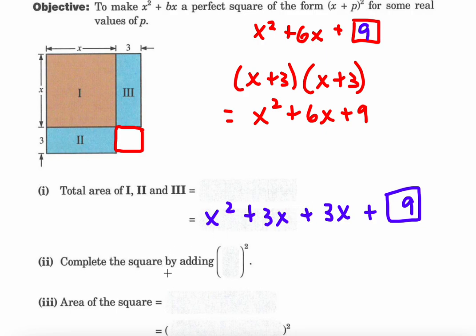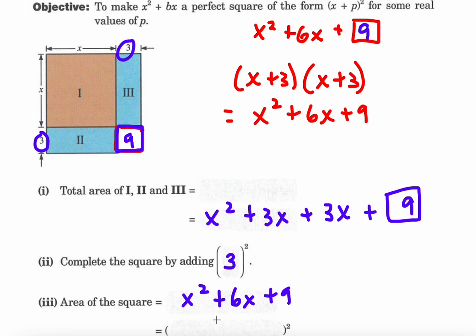So I can complete the square by adding something squared, right? I need to figure out what it is that's squared. Well, if I needed the 9, it would really be 3 squared. 3 times 3 gets me that missing 9 piece. So then the area, once I add the 9, would become x squared plus 6x from here plus 9.